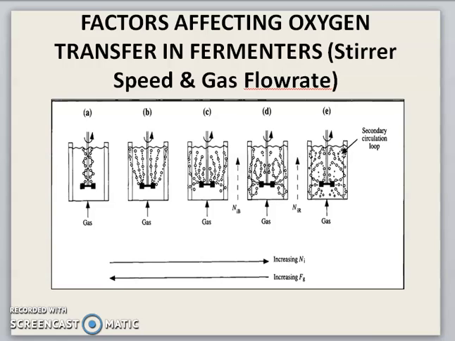As you can see, when the air is sparged, different gas flow patterns develop depending on the relative rates of gas input and stirring. You can read more on pages 203 and 204 in the Shuler and Kargi textbook.